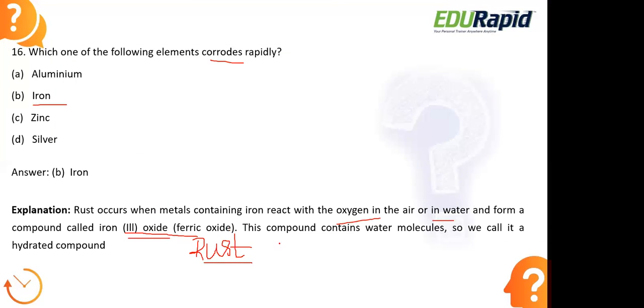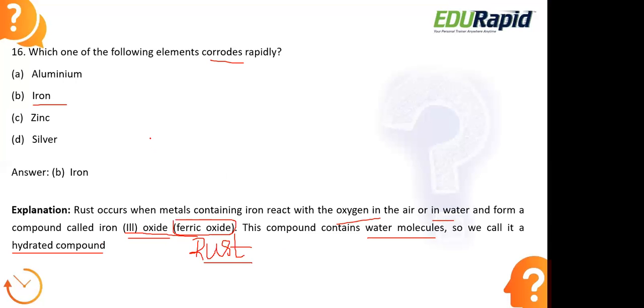So if there is a mixture of water with this ferric oxide, here we have ferric oxide. It is a combination of metal as well as oxygen, a metal oxide, right? So this metal oxide, if it is again reacting with water molecules present in the air, it will become a hydrated compound, which is nothing but rust.